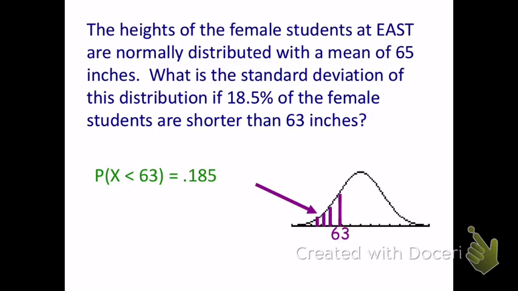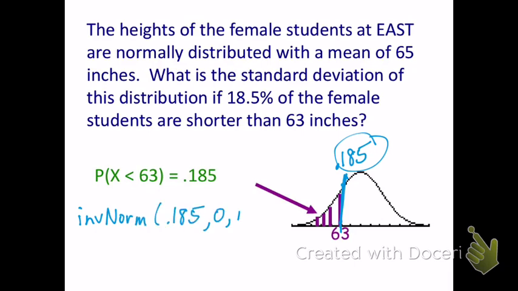So I want to figure out, okay, what is my z-score at the 18.5 percentile? 0.185. You can either use your table and go to 0.185 and see what the z-score is, or an even faster way to get a z-score is by doing inverse norm of 0.185, 0, and 1.